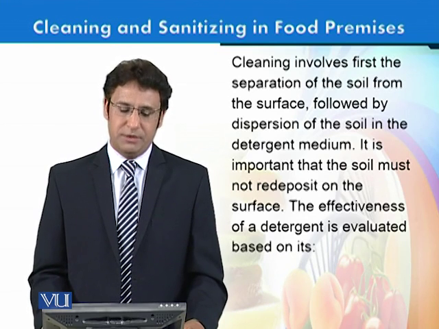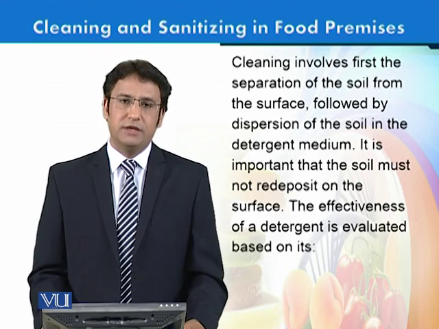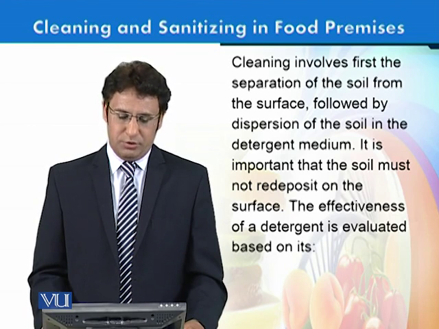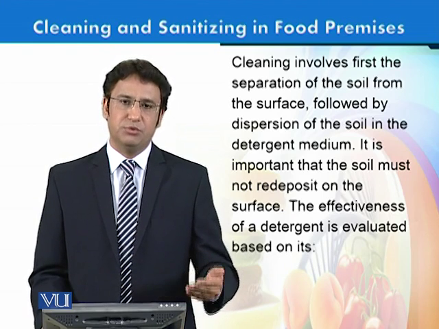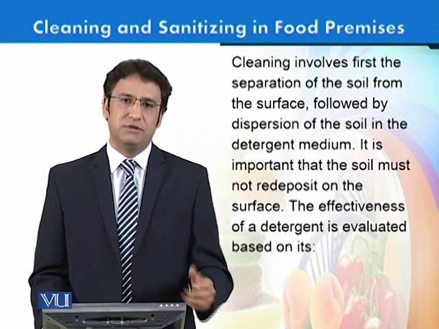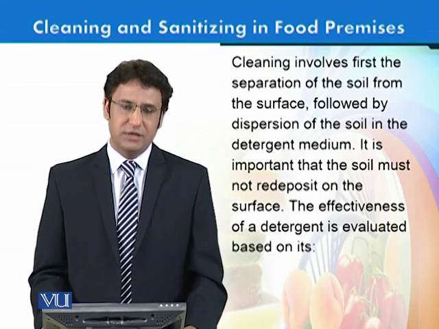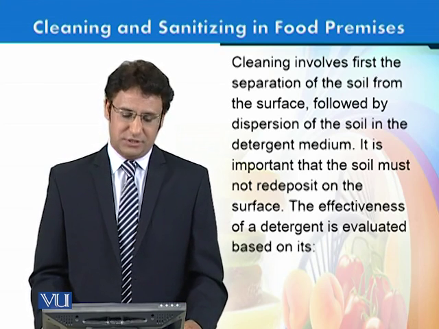In the first step, we separate the soil from the surface, then disperse this soil into the detergent medium. It is also important that once the soil has been removed from the surface and is part of the dispersion in the surfactant medium, it does not get attached or deposited on these surfaces again.